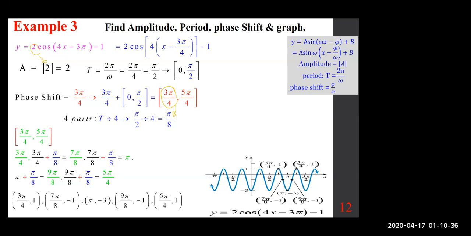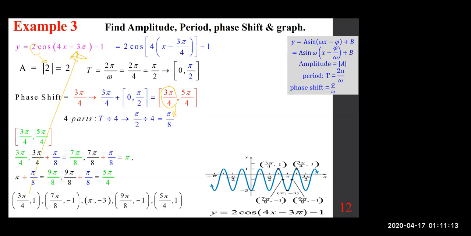All you have to do, put 3 pi over 4 into the original function. You put it into the one in red or purple, if you will, in the beginning, or in blue, makes no difference, all right? So, for example, if you put this right here, I hope you notice what happens. 4 times 3 pi over 4 is 3 pi, minus 3 pi becomes 0.